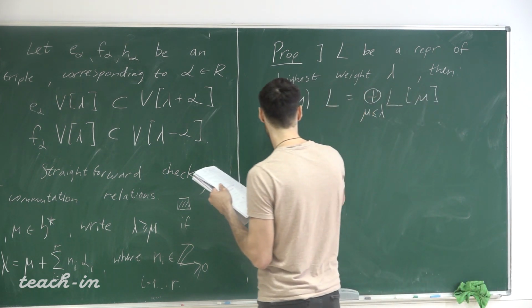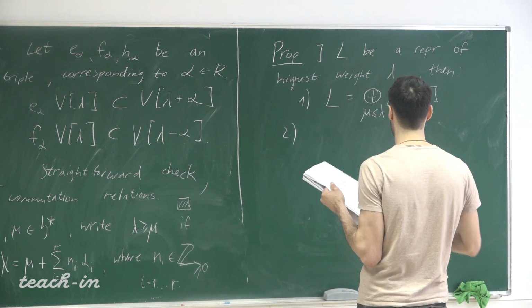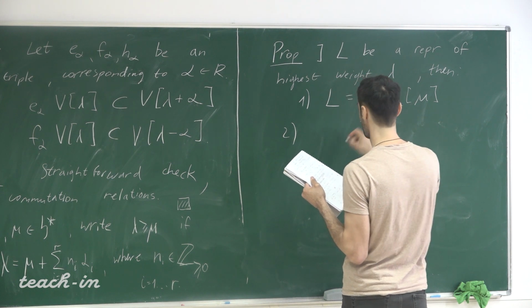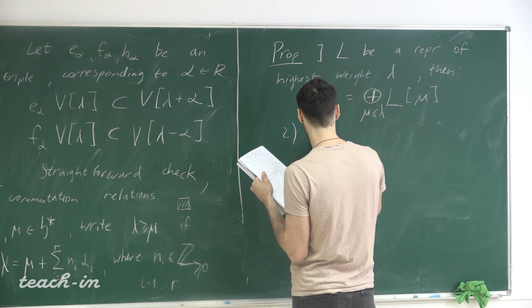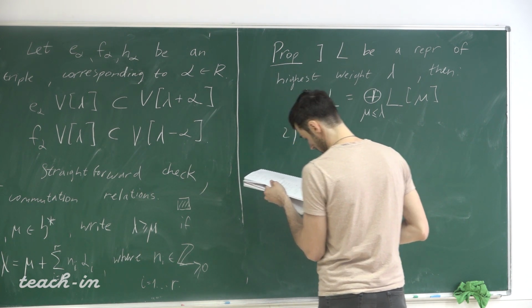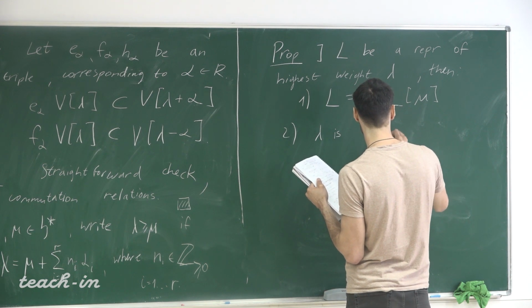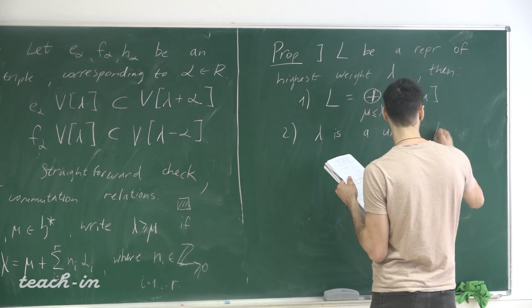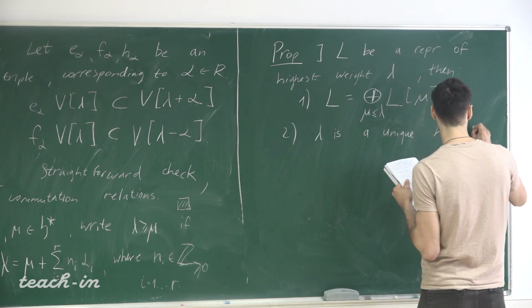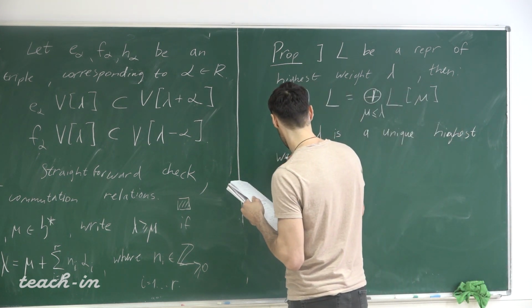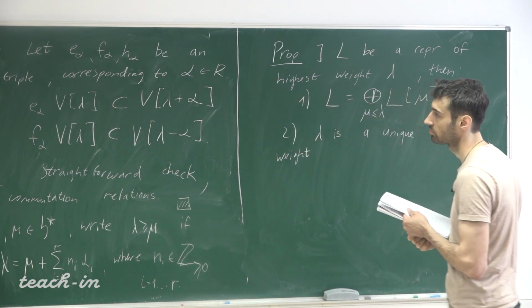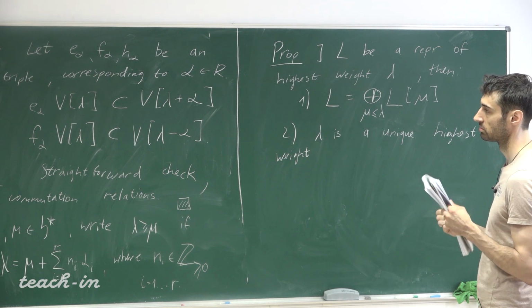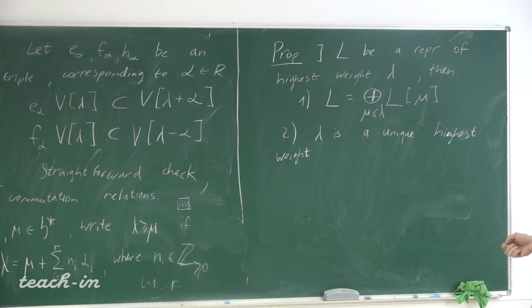And number 2, which actually directly follows from 1, is that lambda is a unique highest weight. I never actually fixed the term highest weight, right?